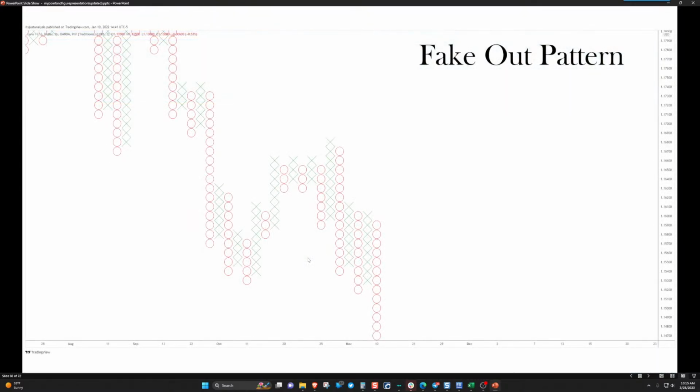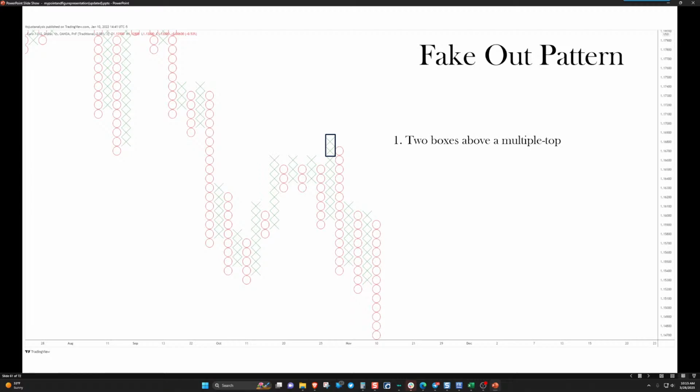Now the fake out pattern. Oh man, fake out patterns. They are a lot of fun. This is where it has to have 2 boxes. That's it. Not 1, not 3, not 5, but 2 boxes above a multiple top. Ideally, it would be at least a triple. That would be the ideal.